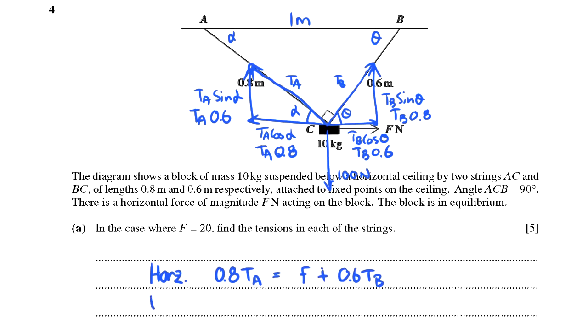The vertical forces, now the two forces going up, 0.6 TA plus the other force going up, 0.8 TB, tension in B, is going to equal the weight, which is going down. F has no bearing on the weight.